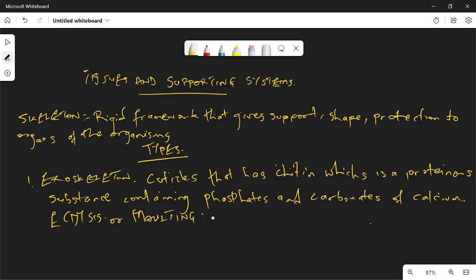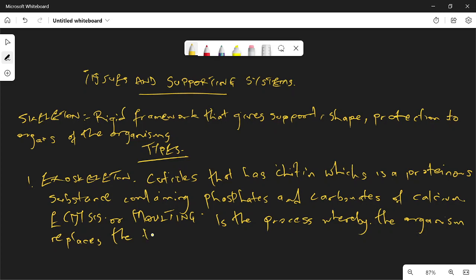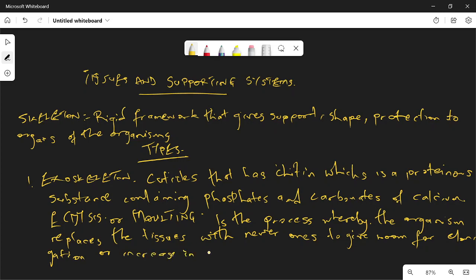That was what I said: it is the process whereby the organism replaces the tissues with newer ones, to give room for elongation or increase in size.